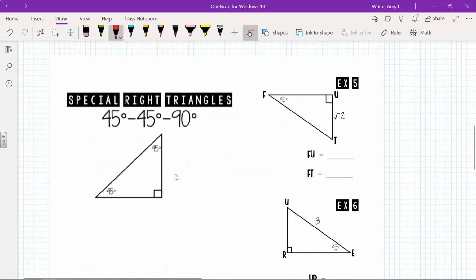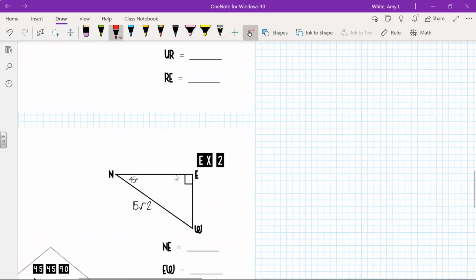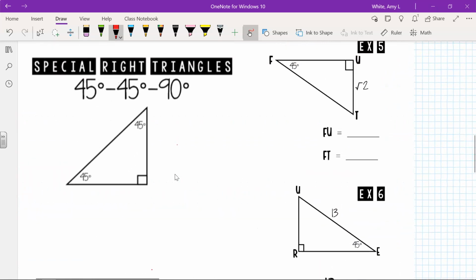First, I want to remind us that in a 45-45-90 special right triangle, if our two legs are x and x, then we can think of our hypotenuse as x square root of 2. So if we're going from the 45 side to the 90, we multiply by square root of 2. If we're going from 90 to 45, we divide by the square root of 2.